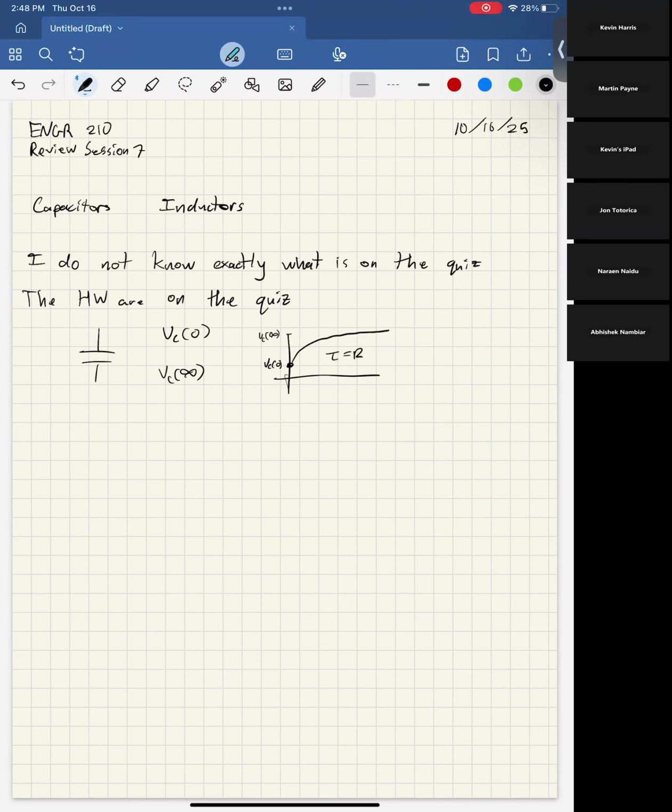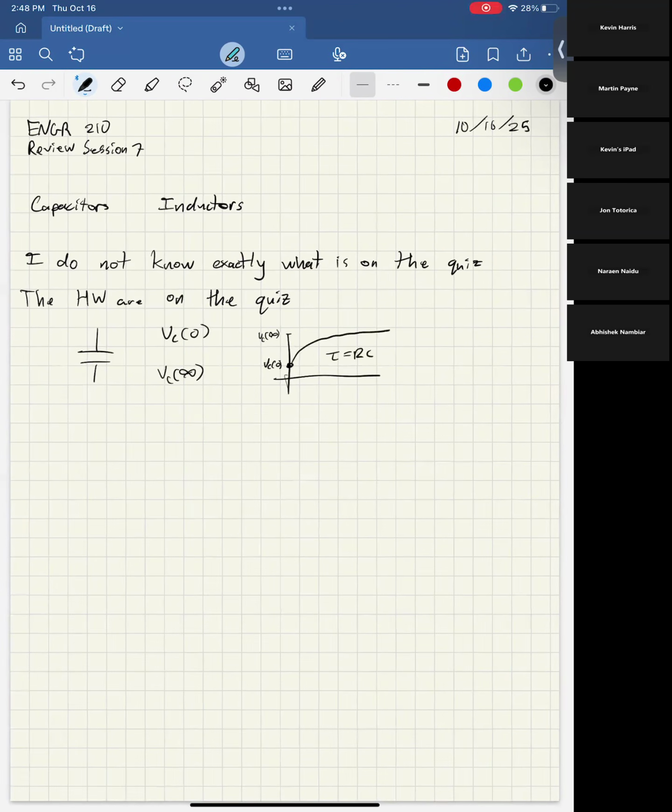That's basically what you do. To find these two numbers, you have to be able to do what the second quiz question was asking for last week, which is solving the circuit when the capacitor is in steady state. So I'll go over that.